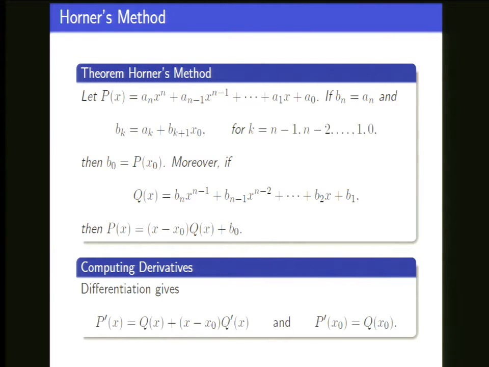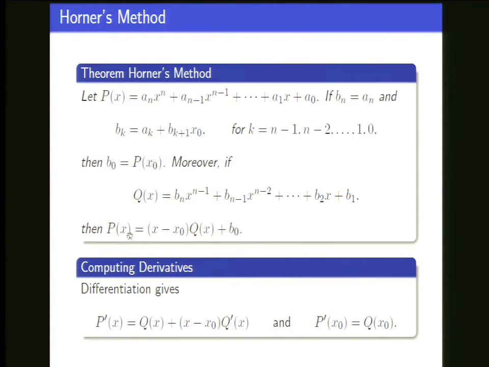We can squeeze more out of Horner. If p of x is equal to x minus x0 times q of x plus b0, what if you want the derivative? And why would I want the derivative in this whole setting? Newton wants the derivative, right? So can we easily just get the derivative out of this? Well, it turns out to be kind of nice.